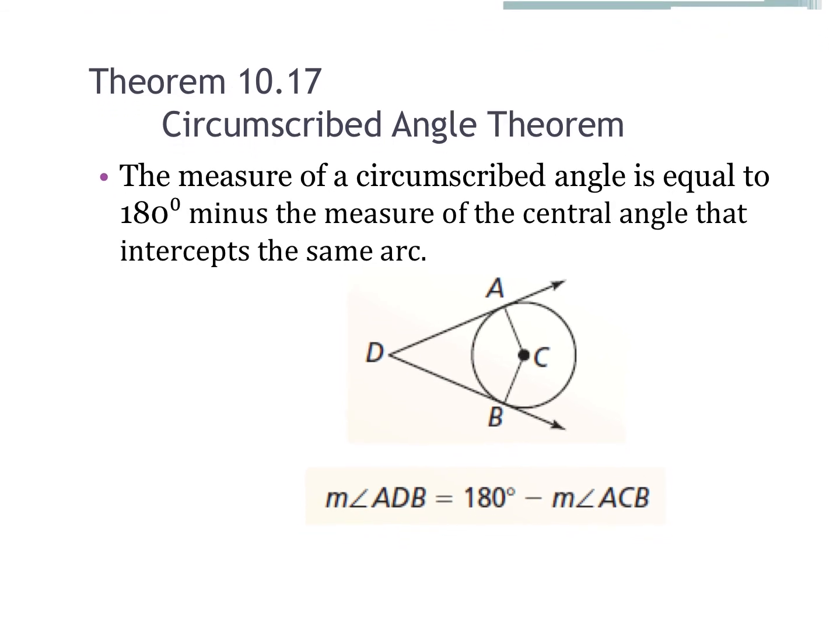So here is my circumscribed angle, right here, the ADB. And then you're going to take 180 and subtract out the angle that has the same arc, and that will give you that measure. So now let's try some examples for all of these theorems that we just learned.